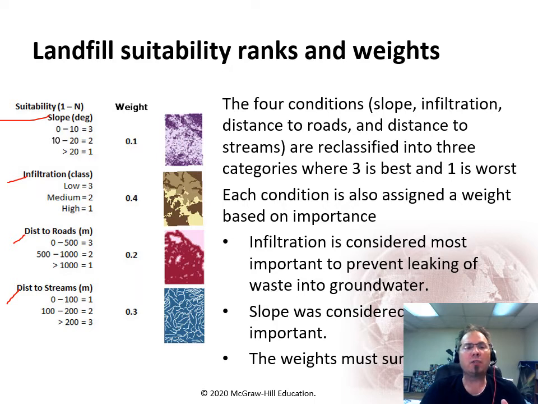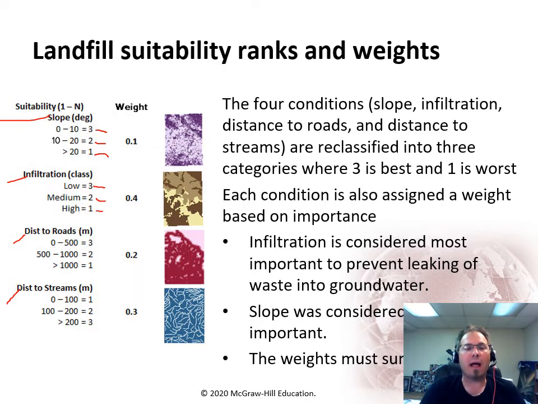Now, within each one of these, we've already done sort of an additive model. Okay, we've reclassified these. So we put 0 to 10, slope is the best at 3, 10 to 20 at 2, and anything greater than 20 is a 1. And we do that for each one of our inputs. For infiltration, low is the best, medium is 2, and high is the worst. And you get the idea.